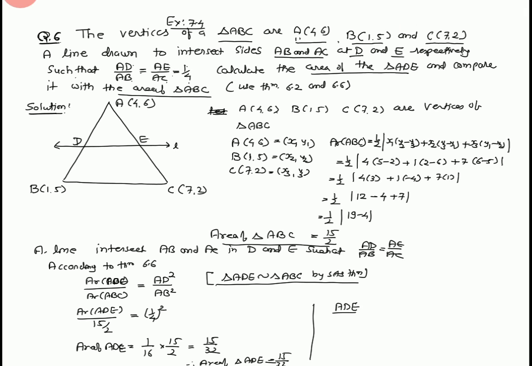ADE upon ABC. ADE upon ABC equal to 15/32 upon 15/2 equal to 15/32 into 2/15, 15 cancels, 16 remains.